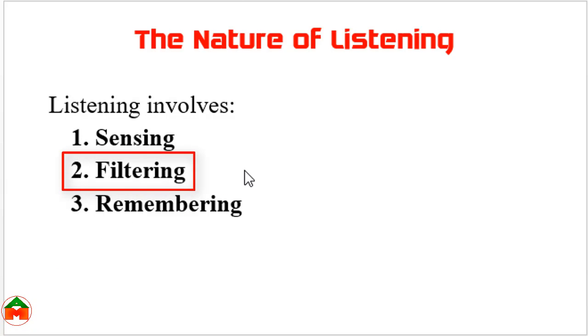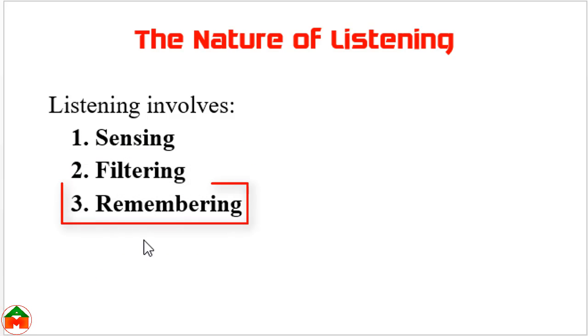In that case, you have to interpret the contents of the message to understand it very efficiently. And when we filter any message or any talking, we use our knowledge, emotions, beliefs, biases, experiences, and expectations. And the third element of listening is remembering. We have to remember what we have listened to from the speaker.